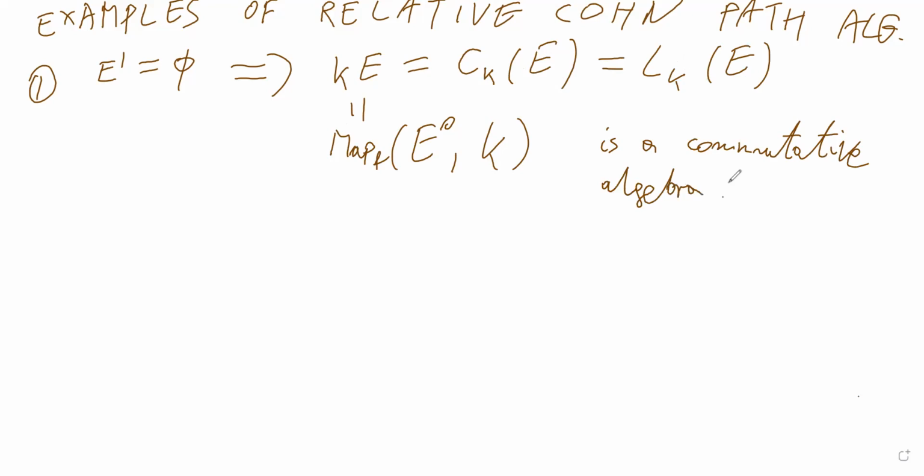I understand that this is completely clear because for starters, when there are no edges, then the extended graph is equal to the graph. And when there are no edges, then there are no relations whatsoever. Relations that define the Cohn algebra, Cohn path algebra, or Leavitt path algebra are non-existent because all they involve edges, which are not present here.